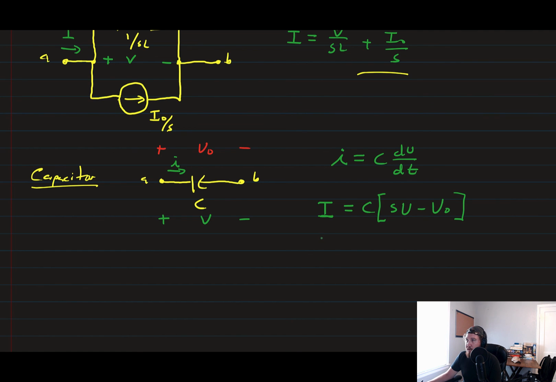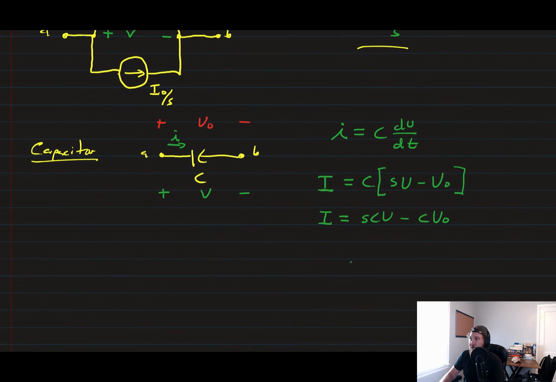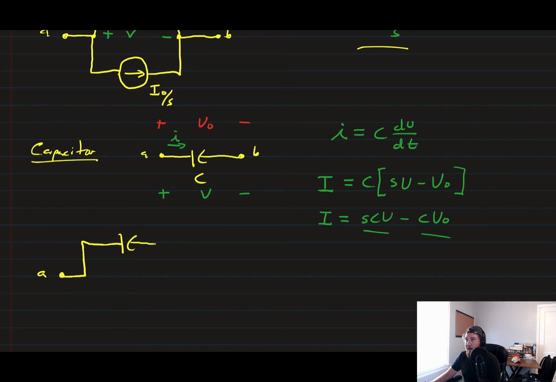And we'll distribute the capacitance into the expression to get that our current I is equal to S times CV minus C times V naught. And notice that we've got an expression for current where we have the sum of two current elements. So we'll do the parallel current source model. We have our node I. We have our first branch that will go ahead and use the capacitor model. And that comes out to node B.